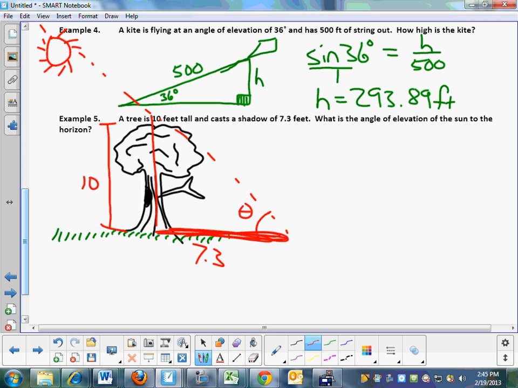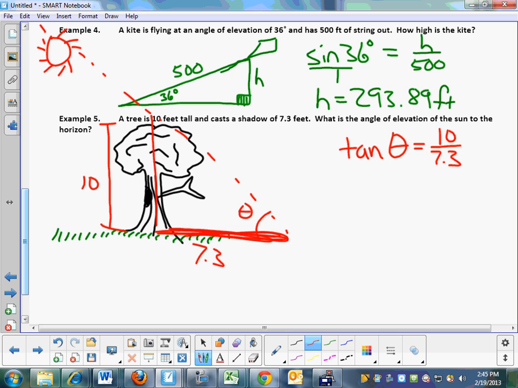So you can see we've got a triangle, don't we? Sine, cosine, tangent. Tangent of theta, which we don't know, is equal to 10 divided by 7.3. What makes this different? You don't know theta. We got to find theta.